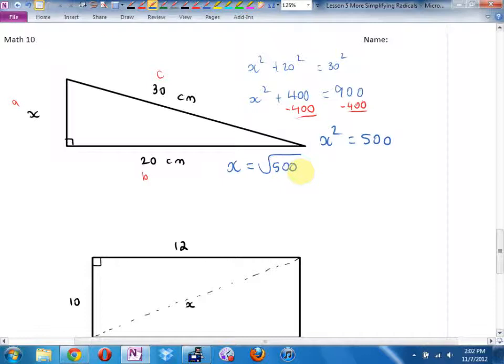Root 100, root 5? And root 100 is a nice number because I can take the square root of that. So this is root 100, root 5. In fact, in simplest radical form, what is x? What root what? 10 root 5. Yep.